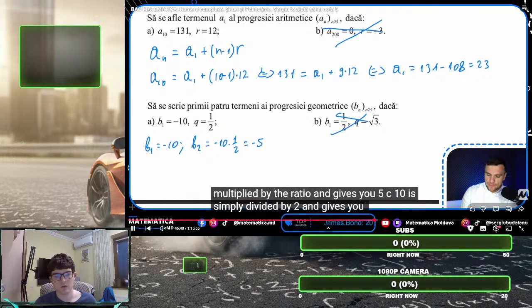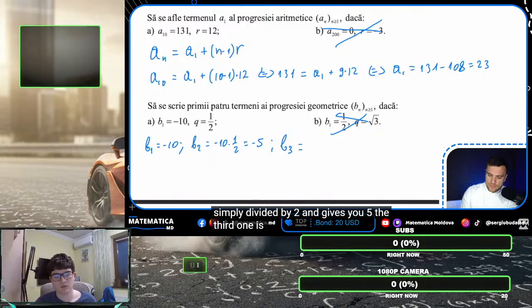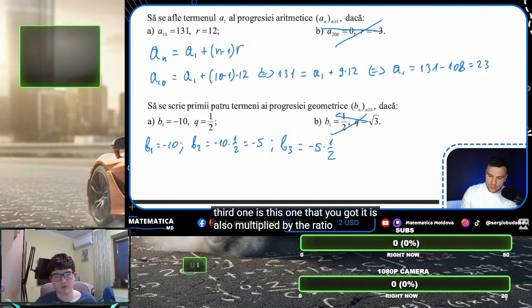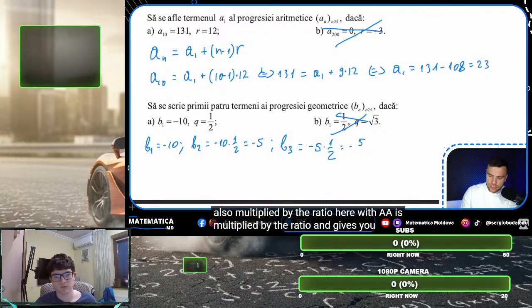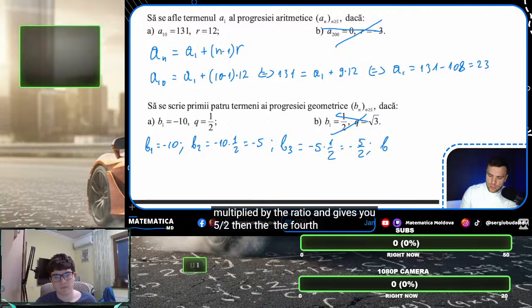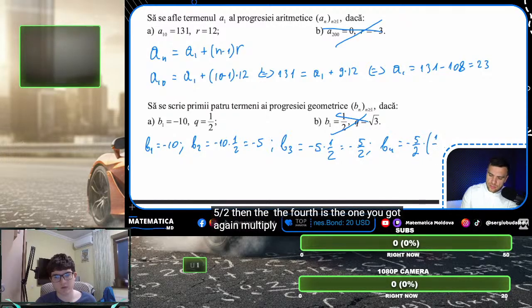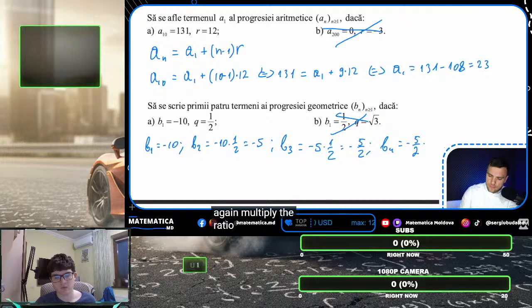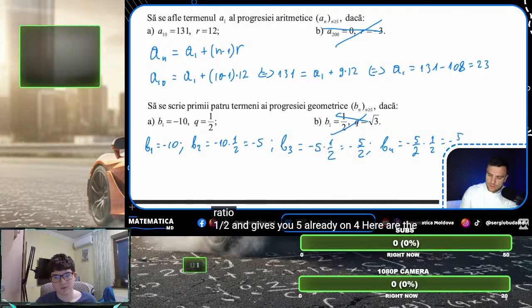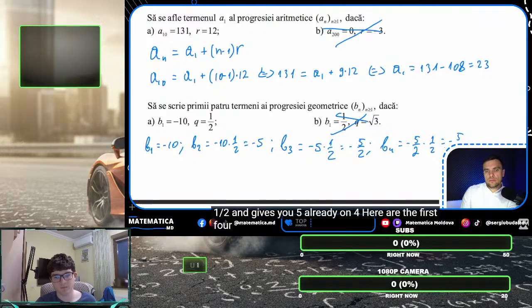Okay, so we got minus 5 here. Minus 5 times that is going to be minus 2.5. And now the fourth one, written here as a fraction, is going to be minus 5 divided by 4.